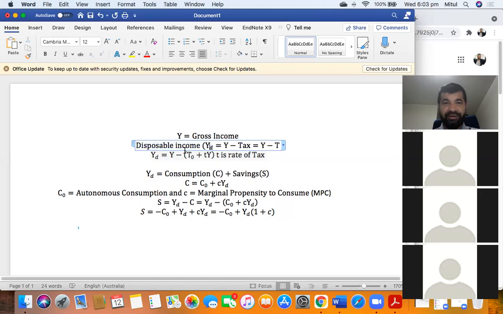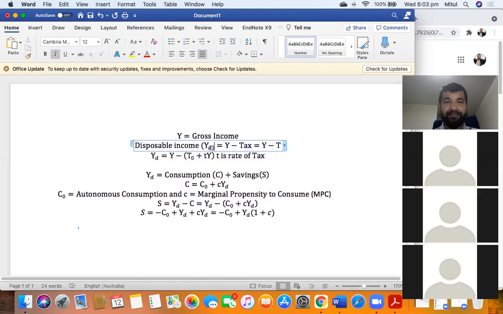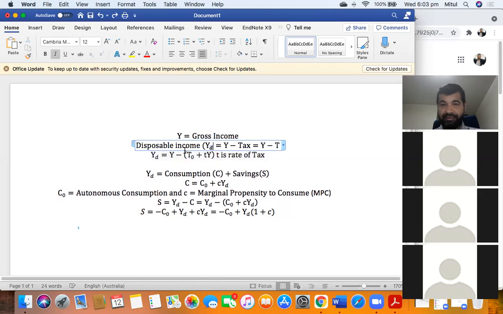T is your tax rate, and T0 is the tax amount, your minimum tax. C0 is autonomous consumption, and c is the marginal propensity to consume. And S is savings, already mentioned here. S is equal to savings.